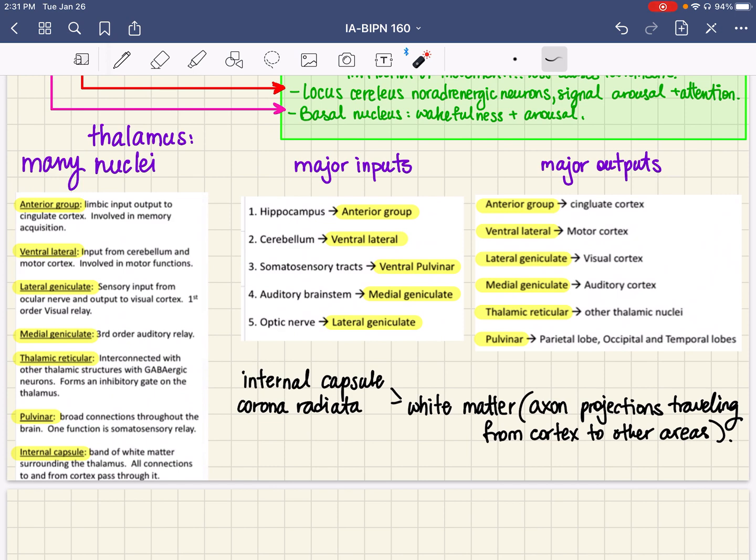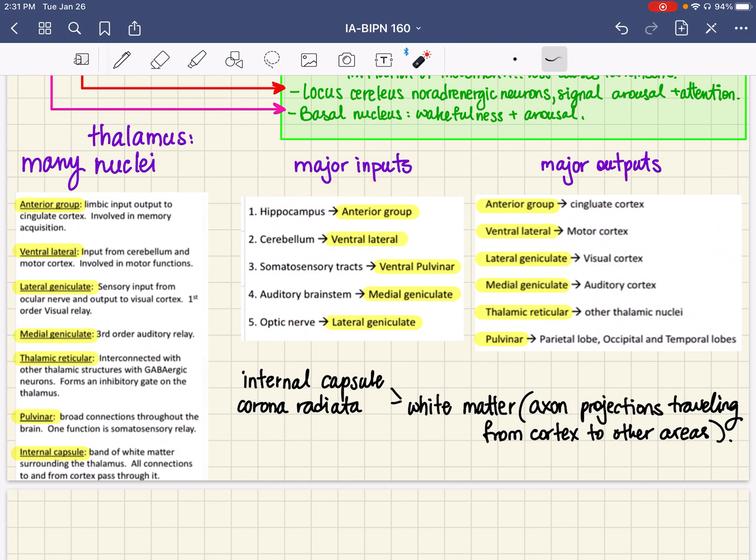Then we talk about the thalamus, and we talk about the different types of the nuclei in the thalamus, and each nucleus has their own function. And this is something, again, that you want to memorize, both the functions of the nuclei and also their inputs and their outputs.